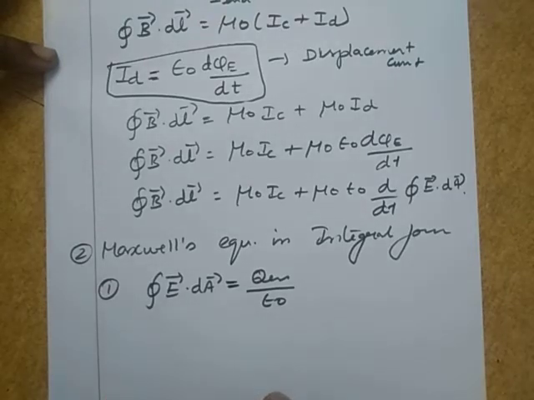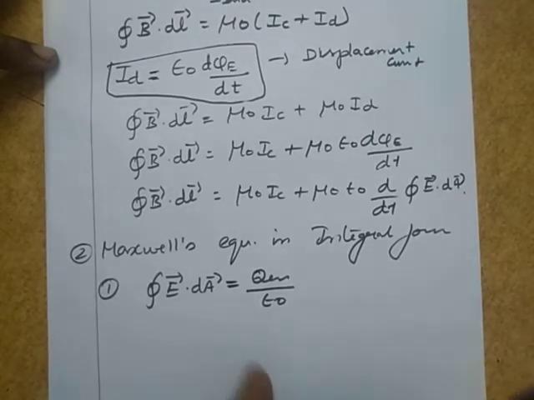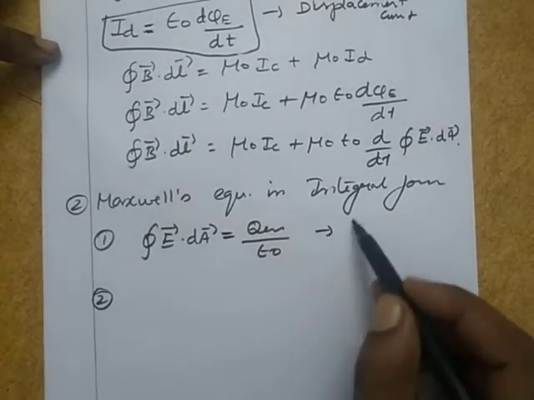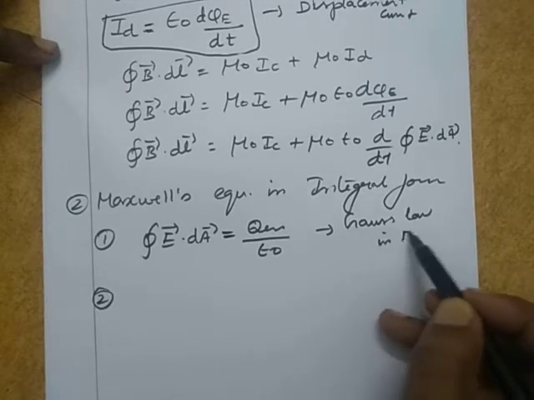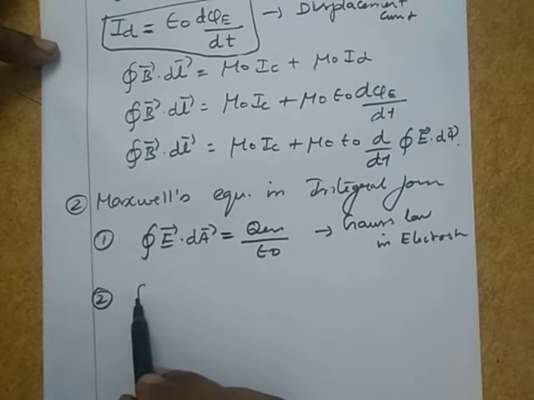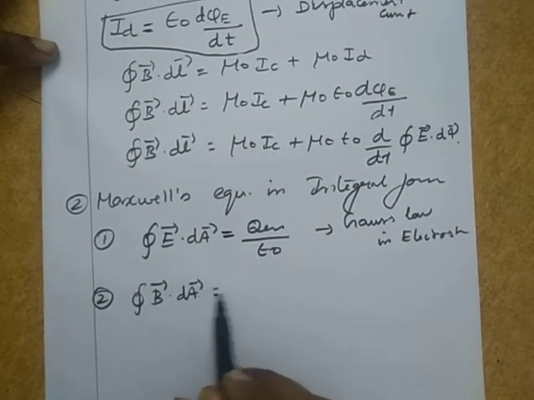This law states that a monocharge exists. The second one is the closed integral of B vector dot dA vector equal to 0.